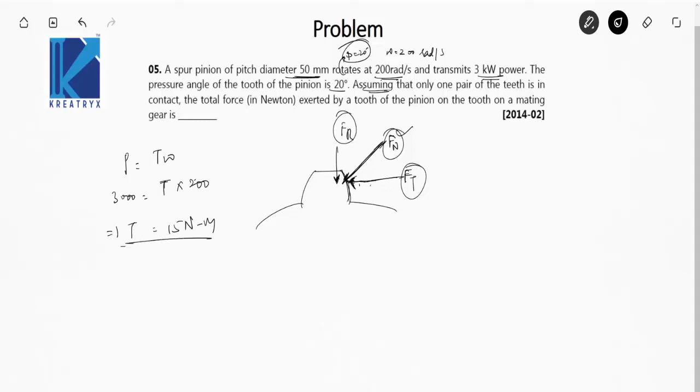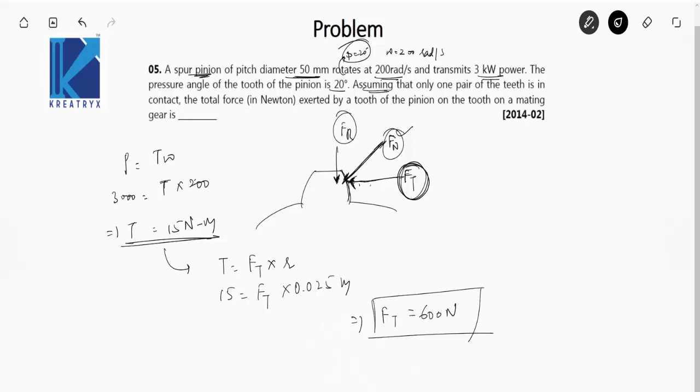This torque is equal to tangential force into the radius of the pinion, because the tangential force is responsible for the rotation of the gear, so torque is equal to Ft into R. Torque is 15, Ft we have to find out, R is 25 mm because diameter is 50 mm, so this is 0.025 meters, so Ft is equal to 600 Newton.